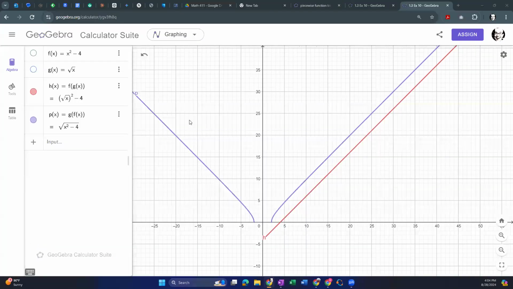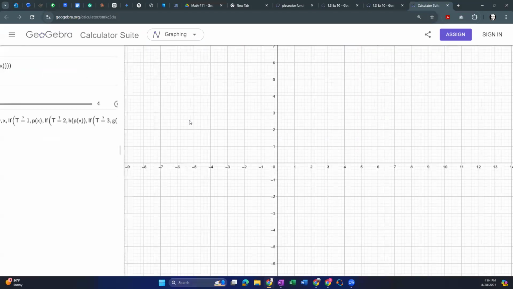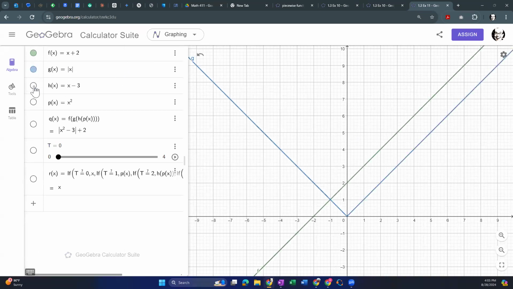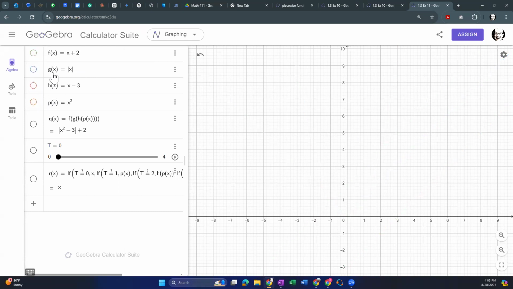Let's go ahead and take a look at this GeoGebra thing, because why not? Hopefully this one works. Yes. All right, so we've got all of those little functions that I just talked about, and I guess this is P, H, G, and F at this point, but that makes this function totally. And I think I made this so that it would build it up along the way using if statements.